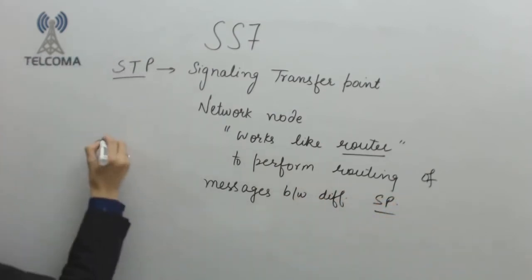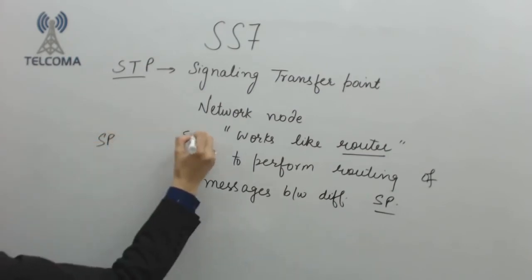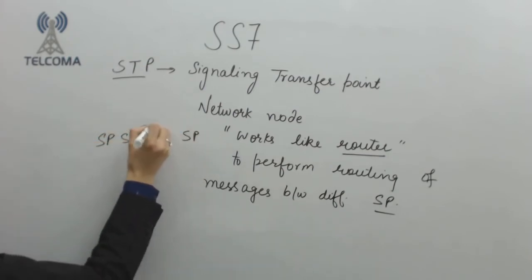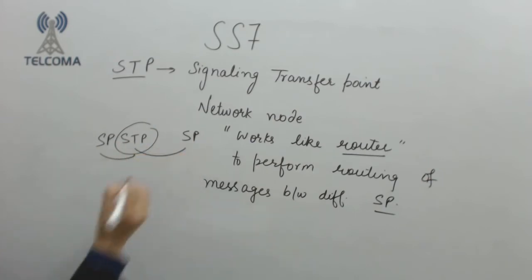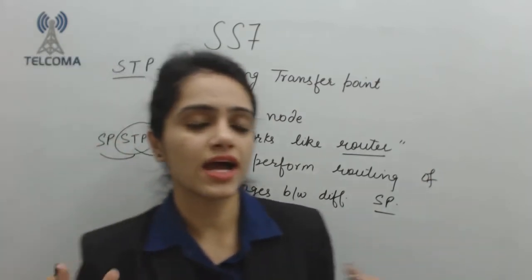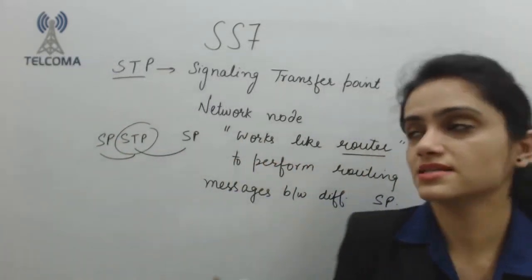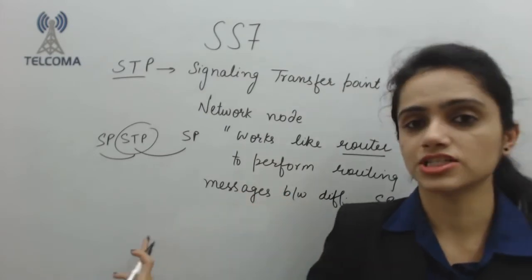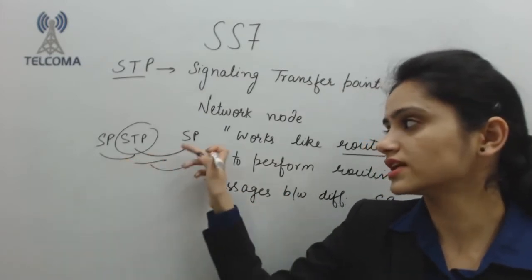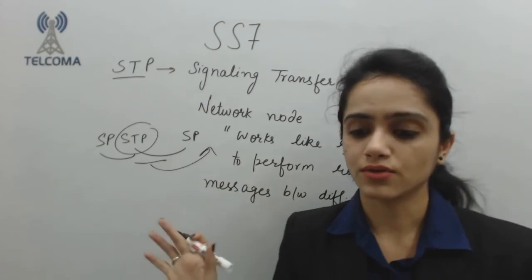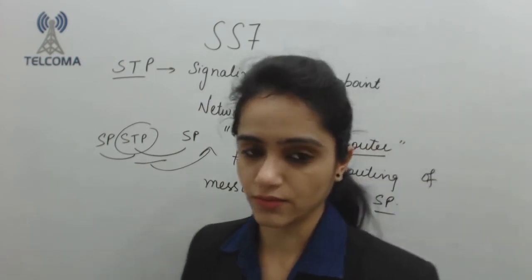So as I have various signaling points connected, it will work as a router to pass messages. That's why we have more number of STPs in a network, because STP will function similar to that of a router so that it can forward messages to different signaling points of a network.